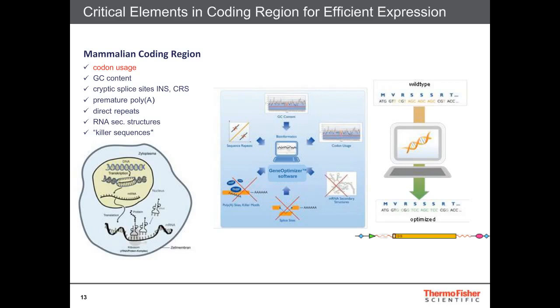We remove any cryptic splice sites, we remove any premature poly-A sites in order to avoid a premature polyadenylation termination process. We deal with direct repeats, again increasing genetic stability, and remove RNA secondary structures, which, as I said before, can be huge obstacles for the ribosomal machinery, hampering translation. And we deal with so-called killer sequences, which are often AU-rich elements, again in order to increase genetic stability and to prolong mRNA half-lives.